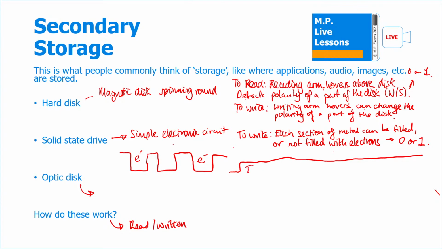So to read the disc, what happens is you've got the normal surface of the disc, but what can happen is you can have a laser to write. What it can do, for example, it can put a few indents like this called pits.